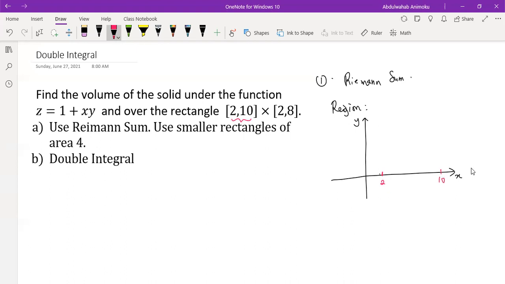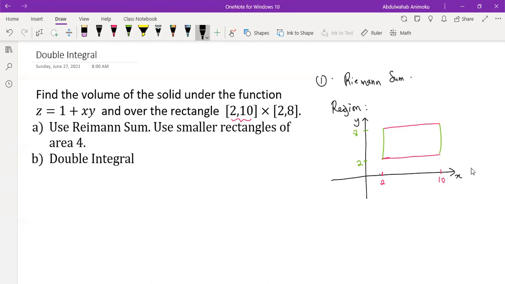And the y will be between 2 to what? 8. Okay. Now, what will be this rectangular region? In the x, it will be this region, covered by this red and white and green colors, right? So this is the region we are looking at, okay?